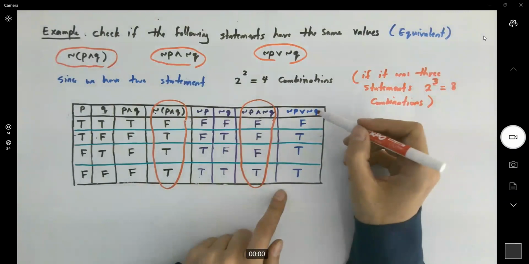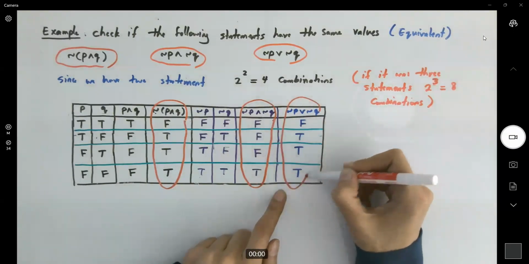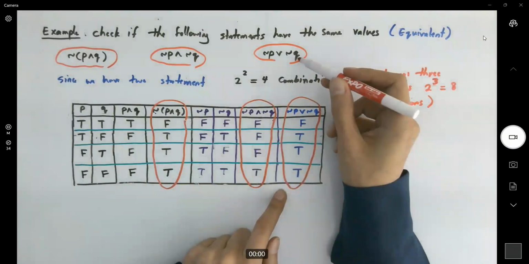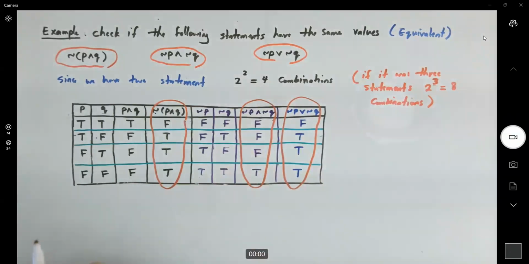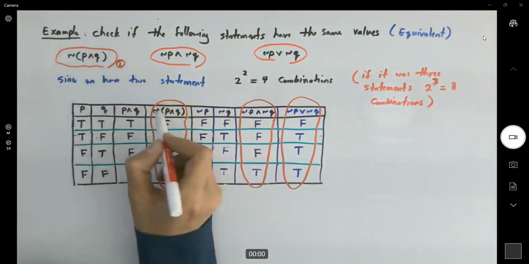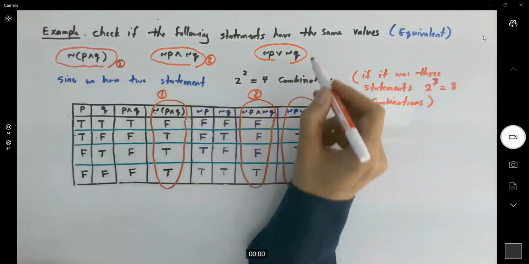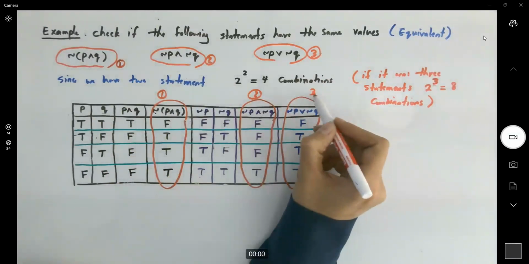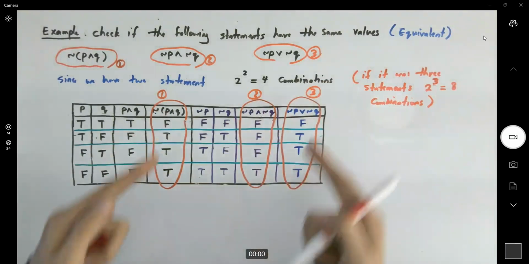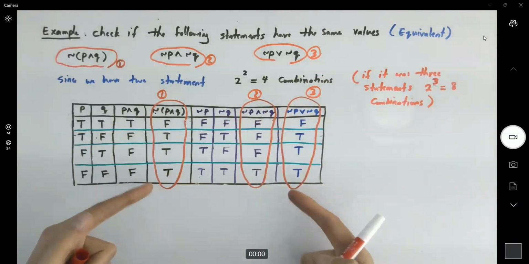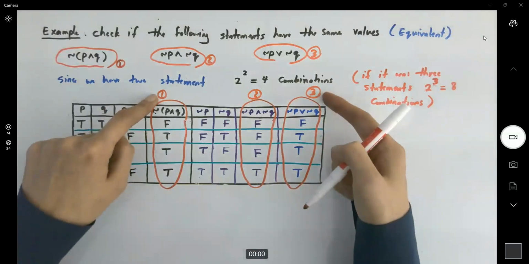And these are the truth values for the last compound statement. Okay, so this is number 1, 2, 3. Which one of these are the same? The first one and the third one.